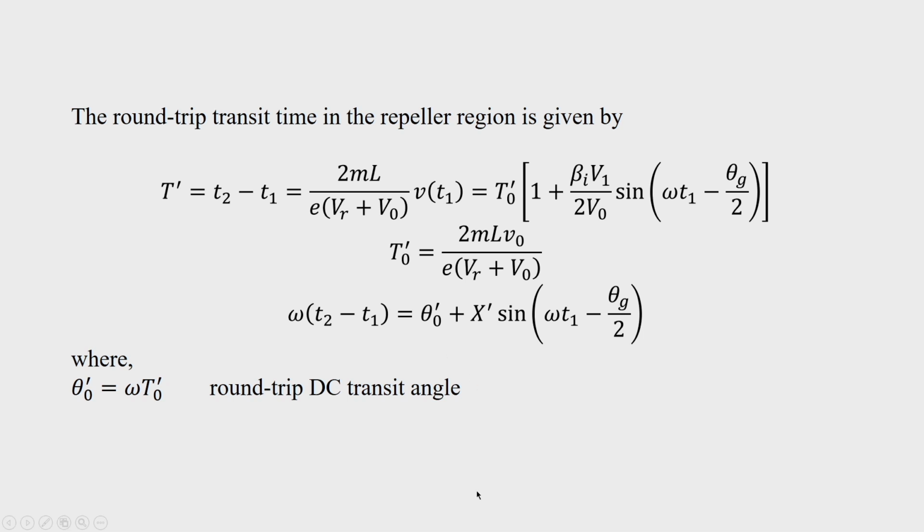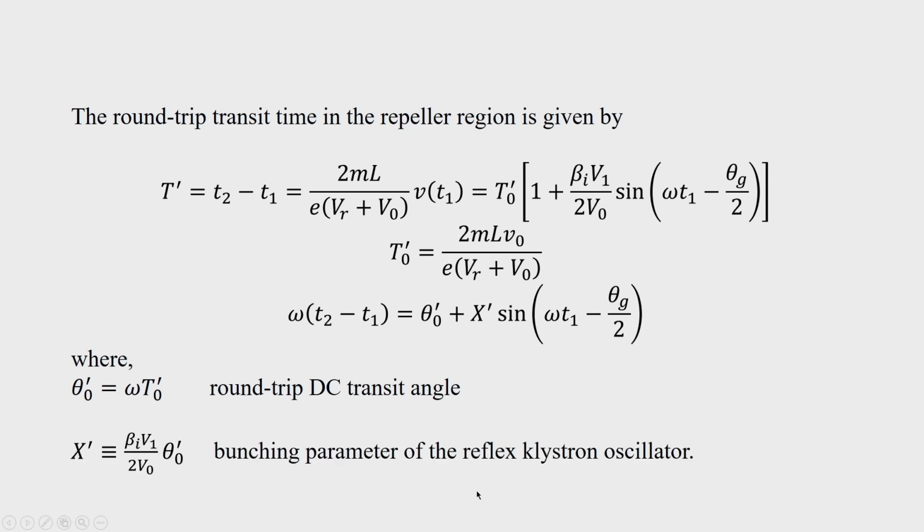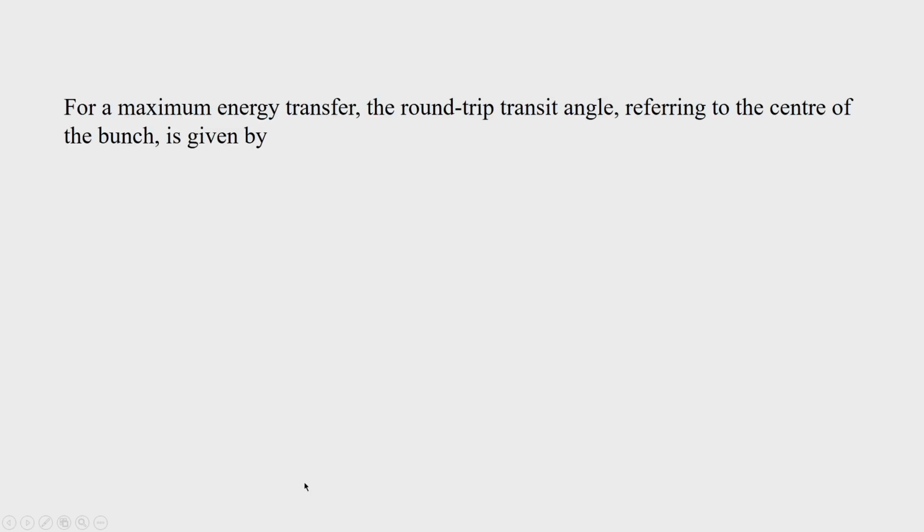Here X' is the bunching parameter of the reflex klystron oscillator, and it is given by beta I V 1 divided by 2 V naught times theta naught'.